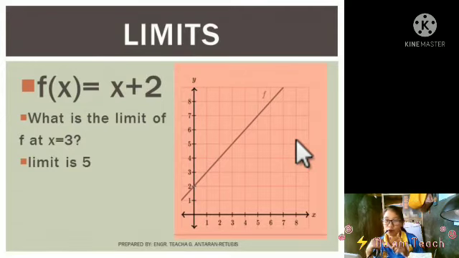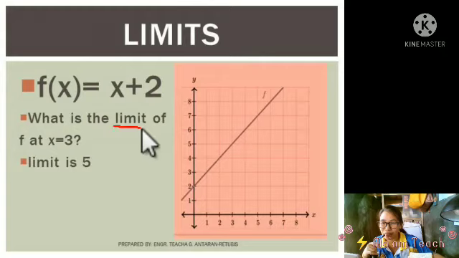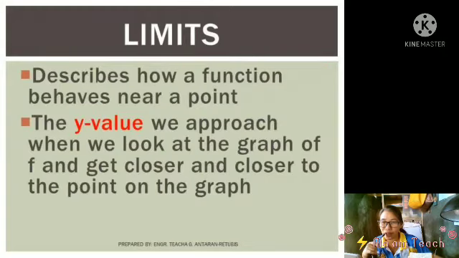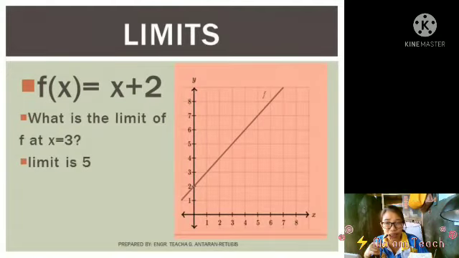Take note, the question is the limit. Earlier, we defined the limit as the y value as you approach that point. Now, in this example, what is our point? Our point is x equals 3.